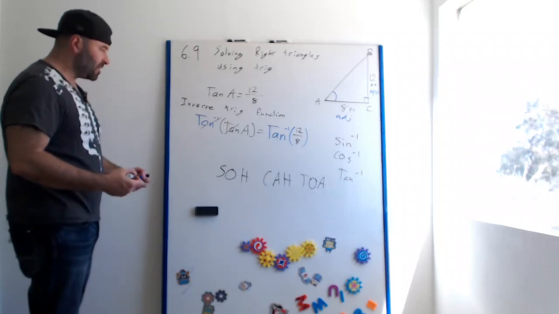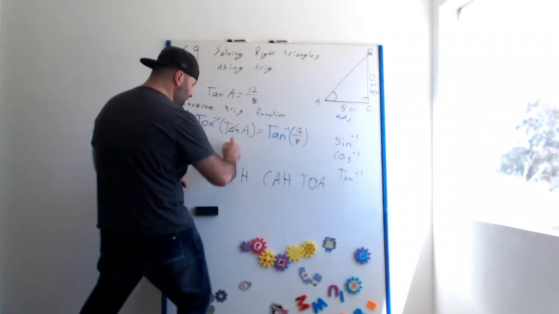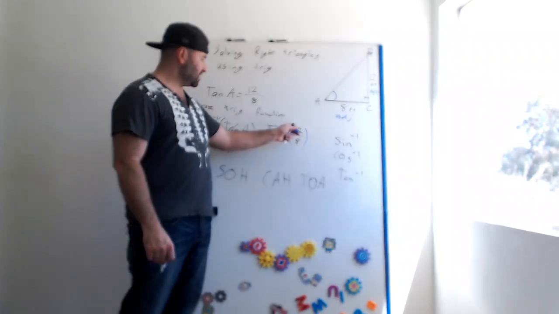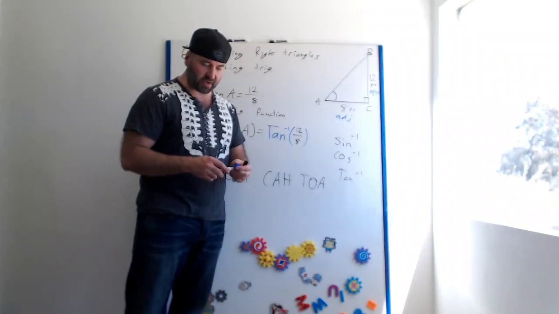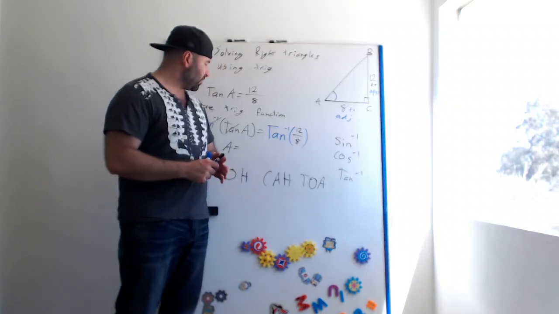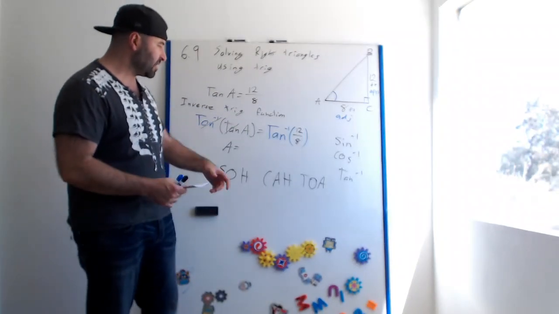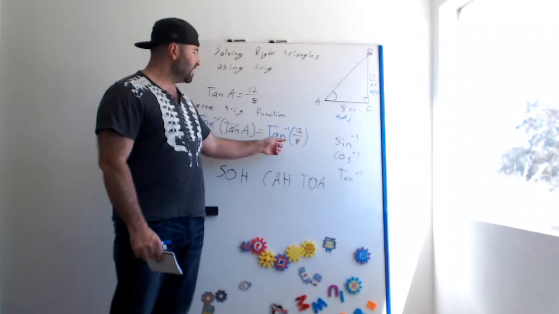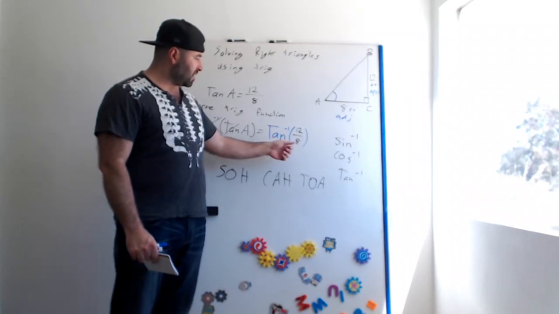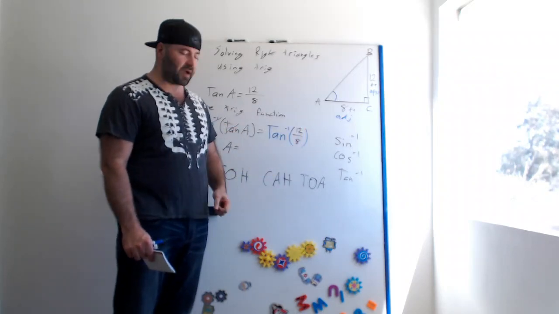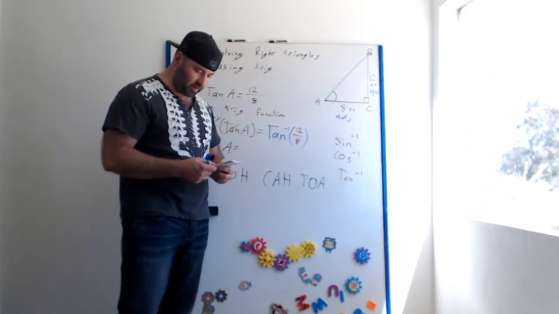And that's how you end up with the value of A. Then over here, this is just more calculator work. When you input this information into your calculator, you would put it in just like that: inverse tangent of parentheses, since it is a fraction, 12 divided by 8. And you'll get out your answer.